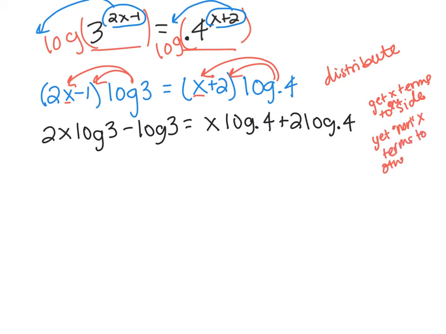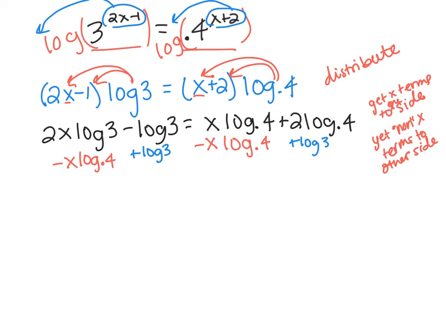So we do that just by adding and subtracting terms from each side of the equation. So I'm going to get my x's to the left side, which means I want to subtract this minus x log 0.4 from both sides. I want to get my non-x's, so anything without an x in it, to the right side of the equation. So I'm going to add log of 3 to both sides.